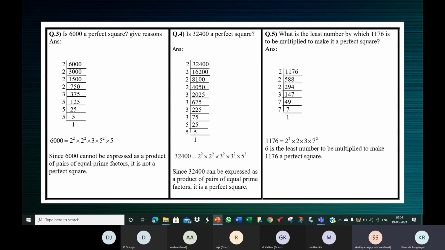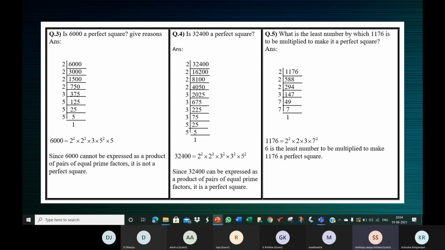So tell me, what is the number 21,175 equal to? 5, we must take it, 4235. Then 5, we must take it, 847. Next, 7, we must take it, 121. Then we must take 11 and it comes as 11.